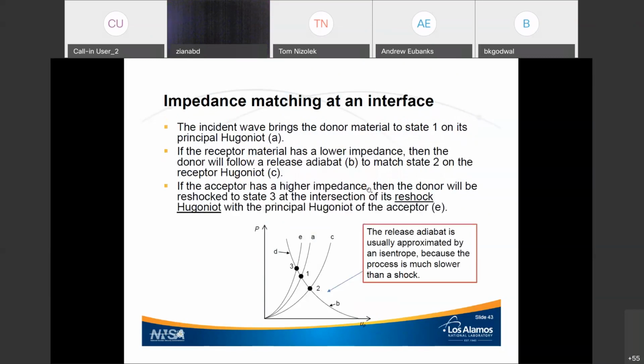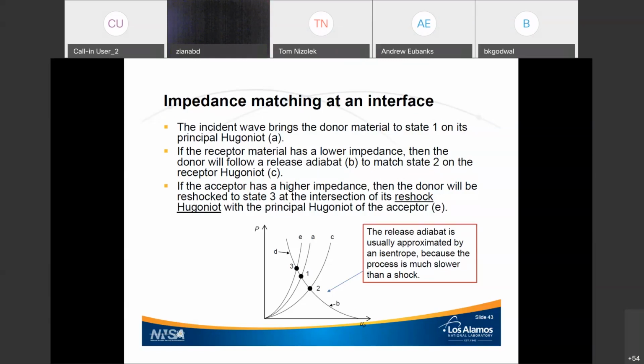At an interface, you can do a calculation where your initial state is here. You've got a reflected Hugoniot. Say you started off here. This was the state that your first shock wave put you on.